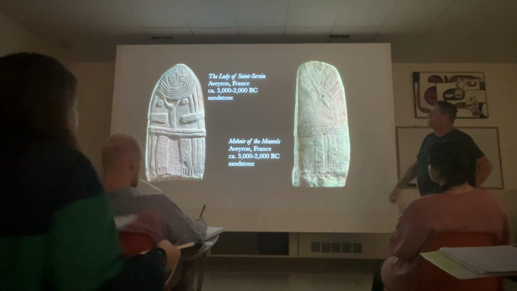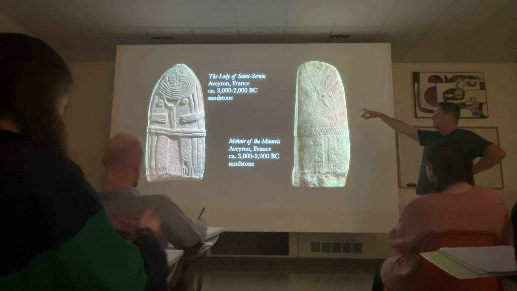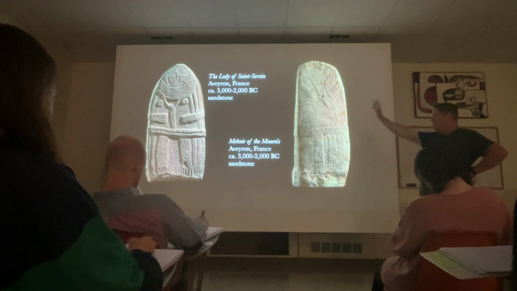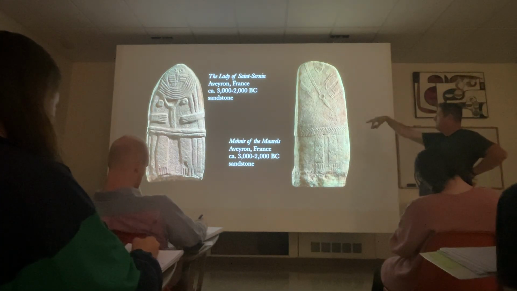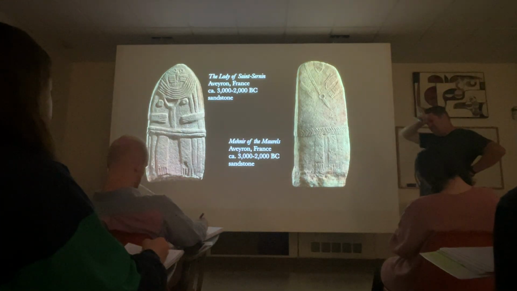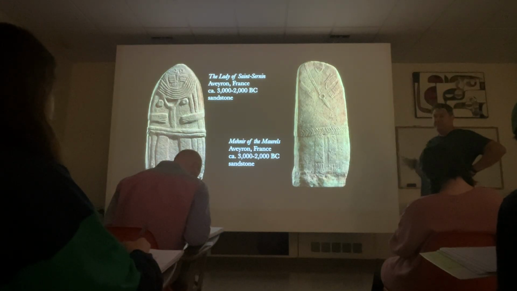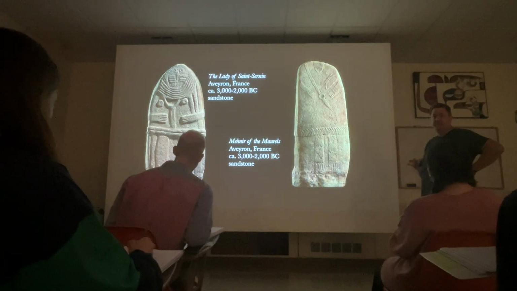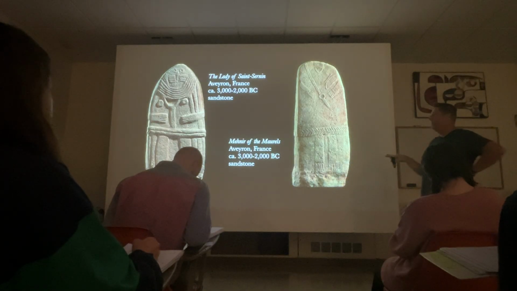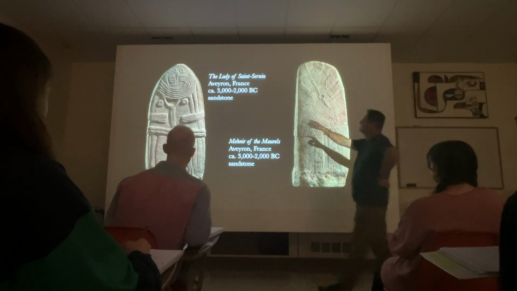All right, this is the Lady of Saint-Sernin. But we can actually start to discern some things about the people who made them from some of the features that we have.